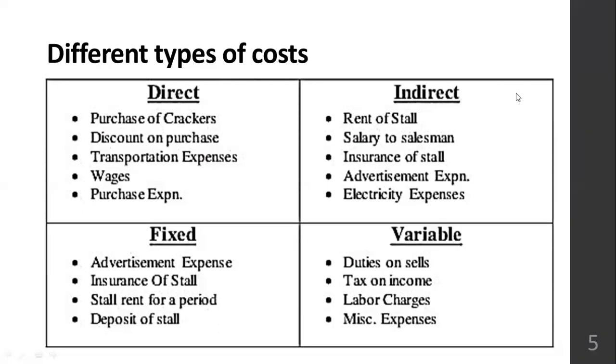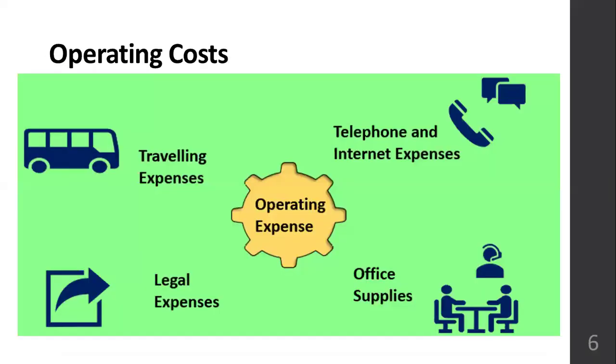So that's about different types of cost. Then you have operating cost. Operating cost is the money that you require to run your institution on a day-to-day basis. Even if you have the capital investment and budget in place, to run an organization you need petty cash.